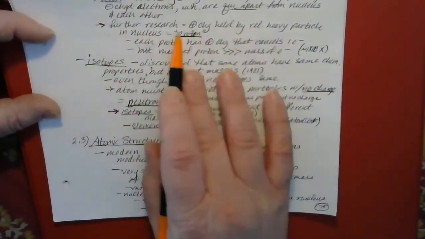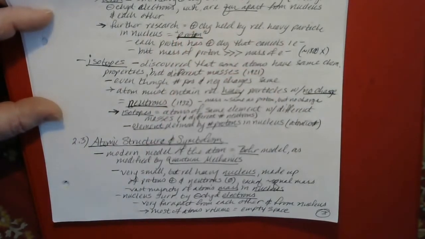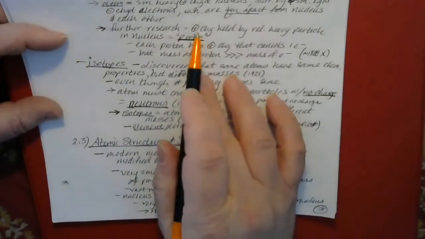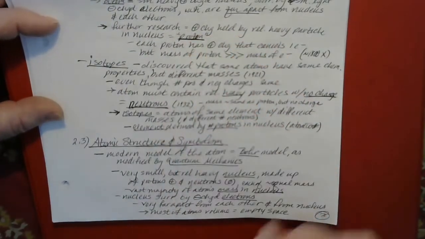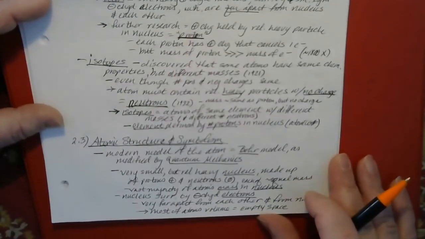Further research led them to conclude that the positive charges are not an inherent characteristic of the one big blob called the nucleus, but the positive charges are actually held by relatively heavy particles in the nucleus that are separate from each other, but all in the same space, and that's known as the proton.